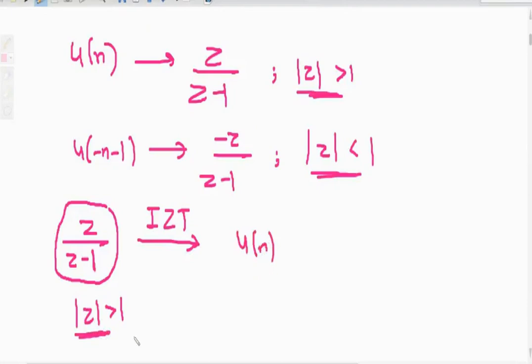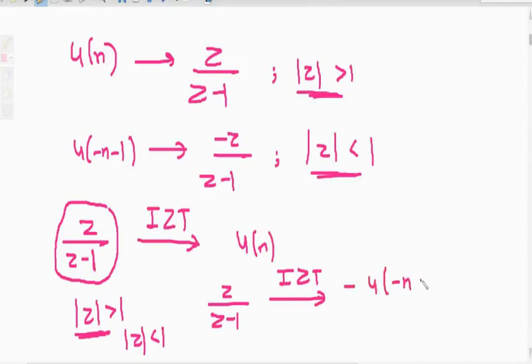And suppose the ROC given is magnitude Z less than 1. What will be the inverse Z transform of Z upon Z minus 1? In that case, the inverse Z transform will be minus u of minus n minus 1. So this minus sign can be transferred here.